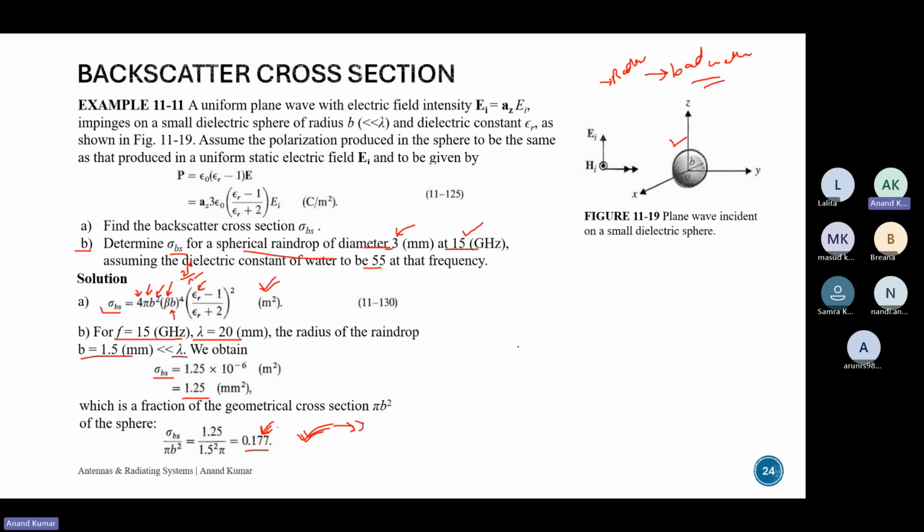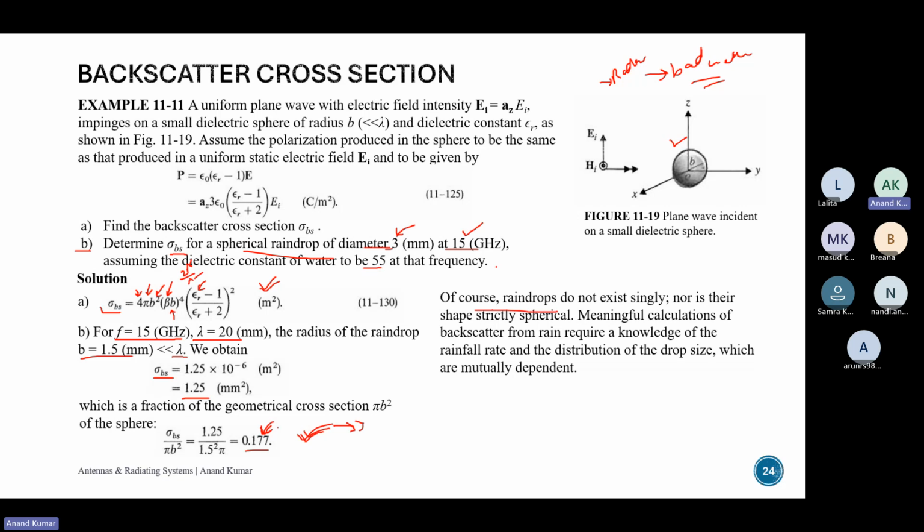So this calculation gives us very good insight into the working of radars. Now, of course, we had a lot of assumptions. The first one being that the raindrops are spherical, but they need not be spherical.